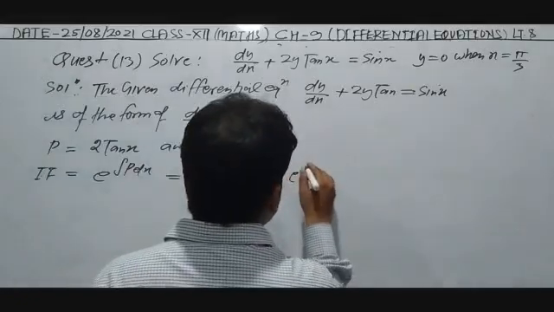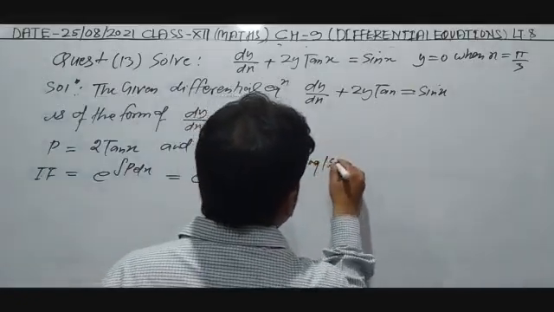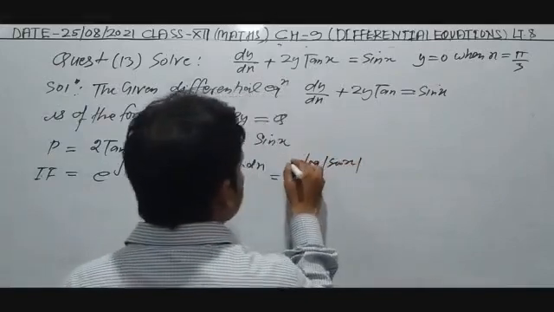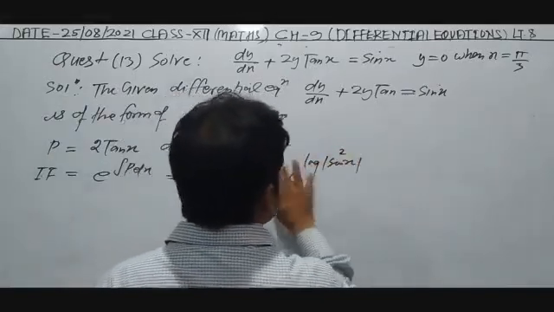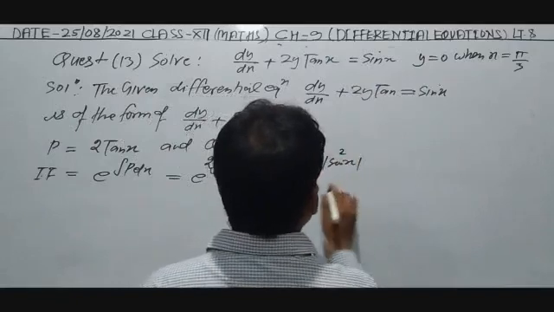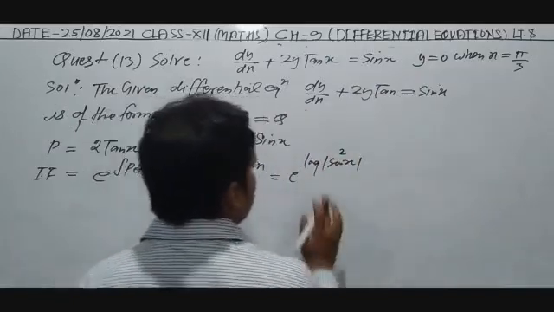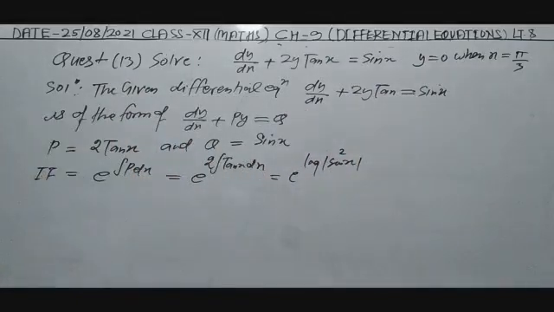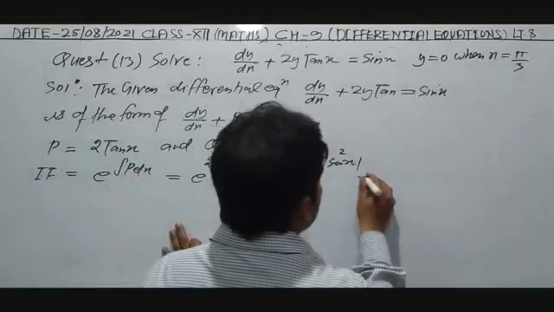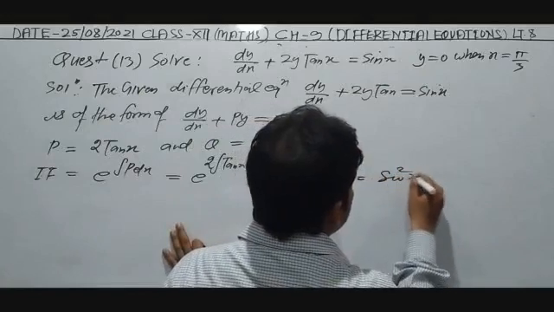So e to the power log of mod sec x, and 2 times is here, so log sec square x, and the log m to the power n formula, you know, is n log m. So e to the power log sec square x, result is sec square x.